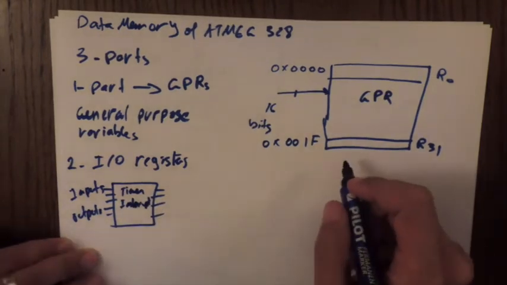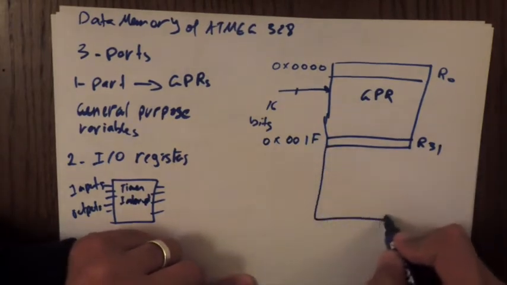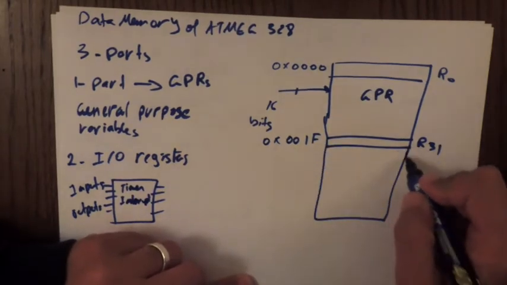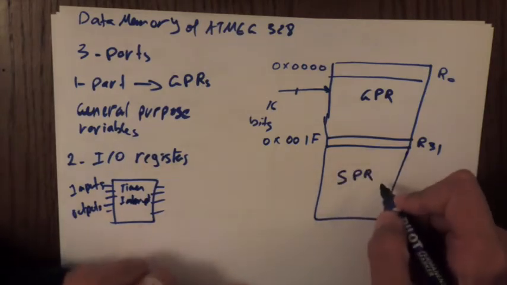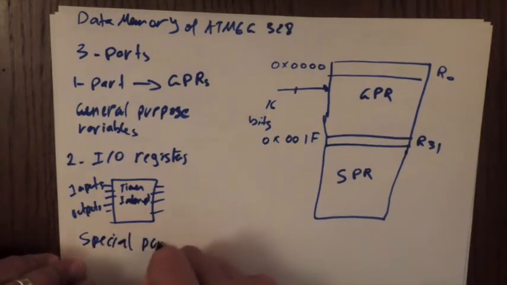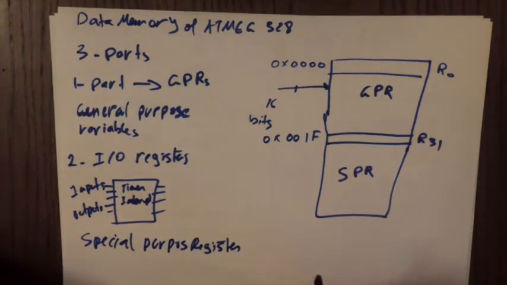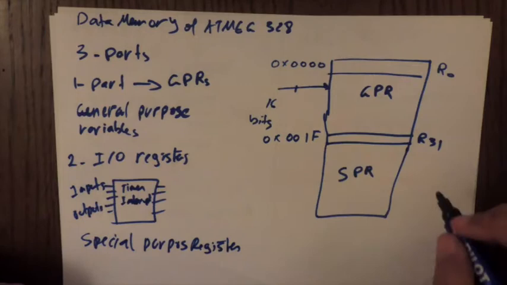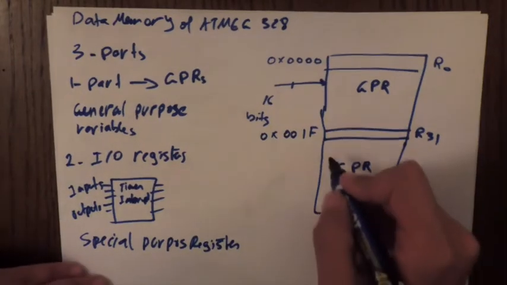So we have another part, which is the special purpose registers. They are specific registers that have specific functionalities. Think of them as your settings, so how you want your microcontroller to operate.